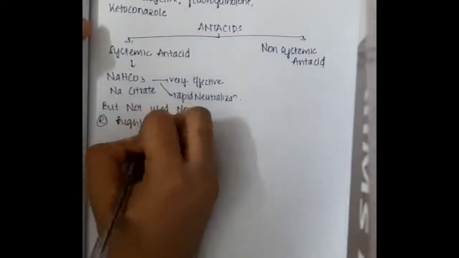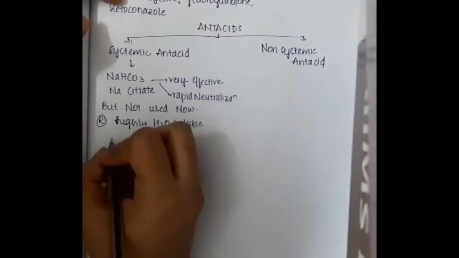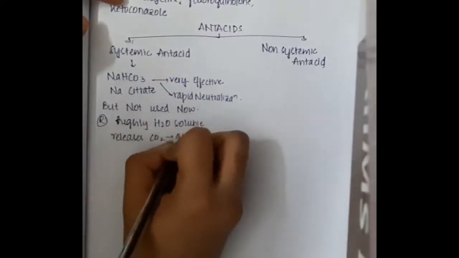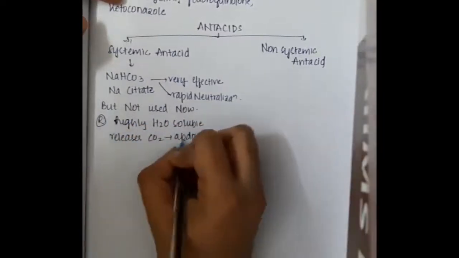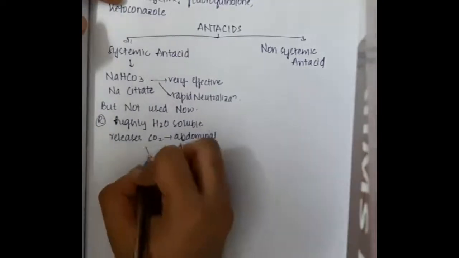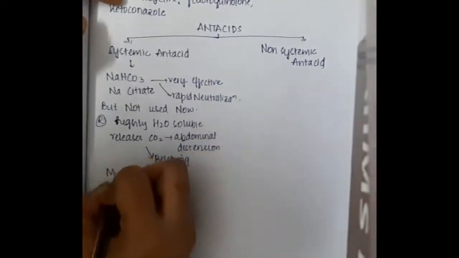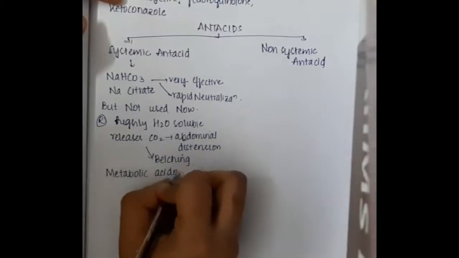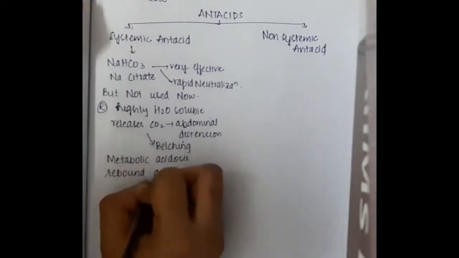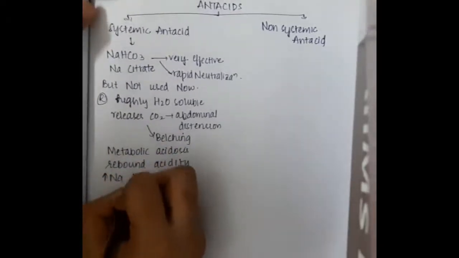these sodium bicarbonate and sodium citrate are not used now because they are highly water soluble and they also release carbon dioxide. If they release carbon dioxide, they cause abdominal distension and belching as side effects. They also cause metabolic acidosis and rebound acidity.